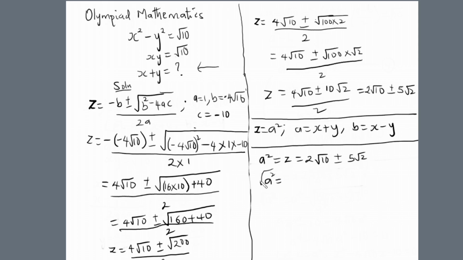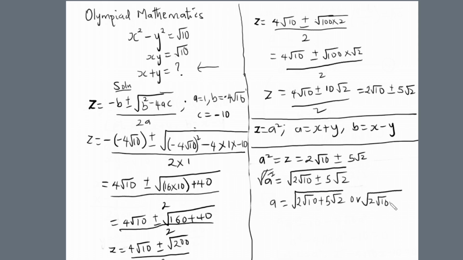We have a squared, take the square root, and the square root of the other side, 2 root 10 plus or minus 5 root 2. All right, so if I take this square root, I'm going to cancel this. a will be equal to the square root of the positive 2 root 10 plus 5 root 2, or the negative, 2 root 10 minus 5 root 2.